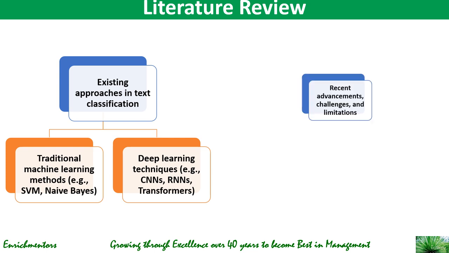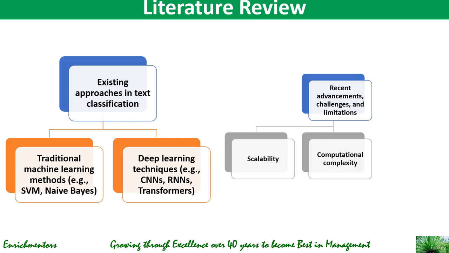They also identified recent advancements, challenges and limitations in the current text classification models, with issues such as scalability, not being able to scale to a larger volume, the time and complexity of computation, and the lack of interpretability. So these were the challenges or issues that existed at that point of time when the research was done.